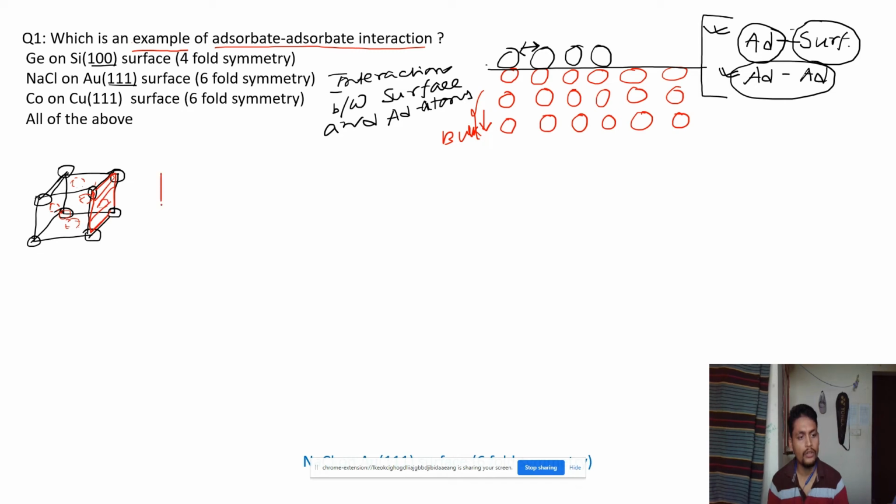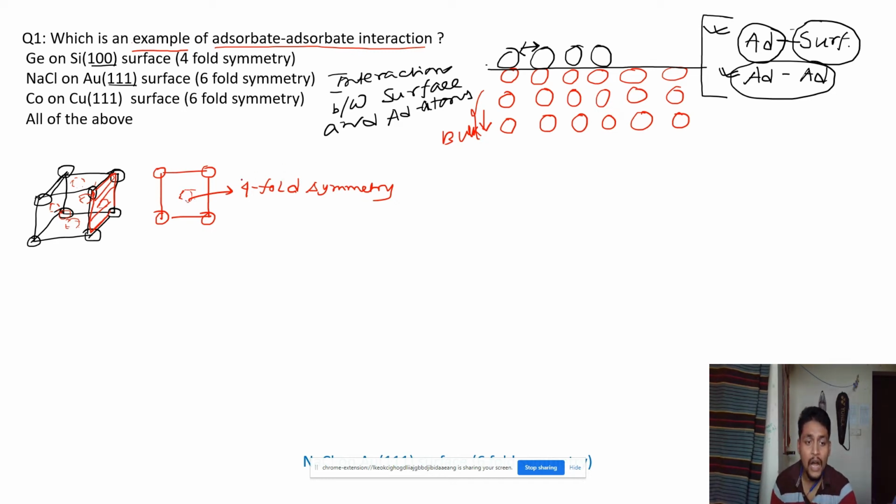Now if we cut it out and draw it, this is practically a square. That means it has a fourfold symmetry. Obviously there is one face center atom. Now, if the surface determines the growth of the ad layer, then the ad layer would have a symmetry similar to the surface.